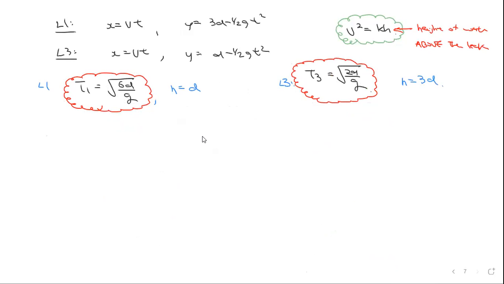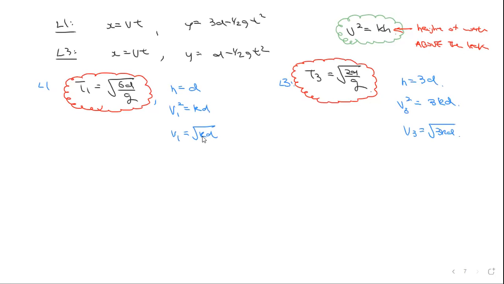So in other words, v3 squared equals 3kd, and v1 squared equals kd. So v1 must equal the square root of kd, and v3 must equal the square root of 3kd.